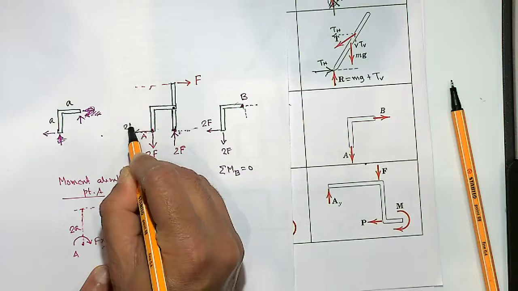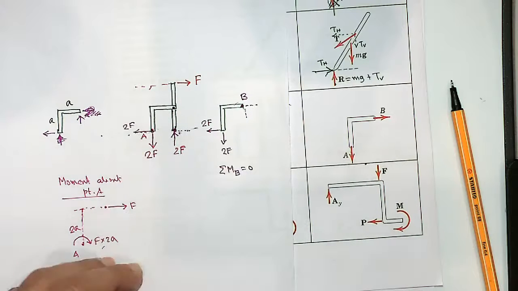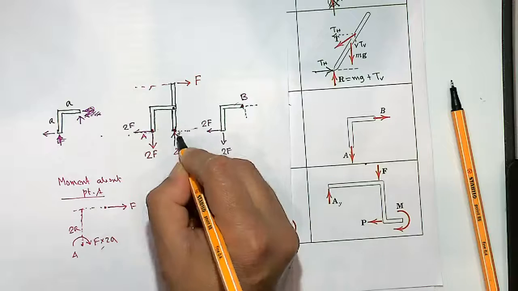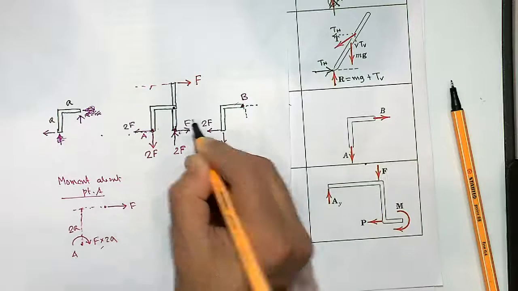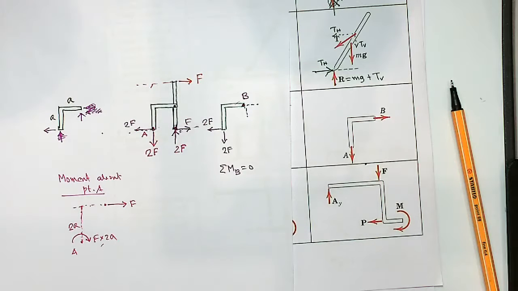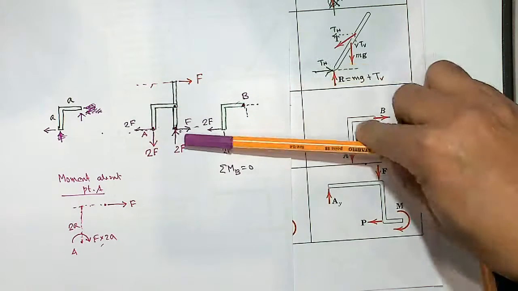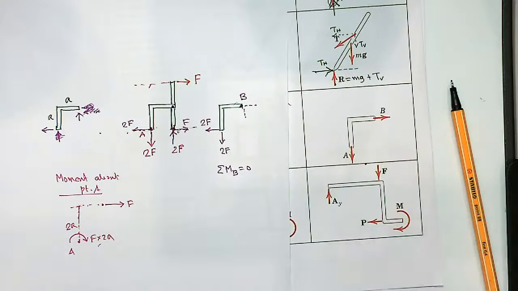This is 2F. What do you think this force would be then in this case? F in this case. Now you couldn't have predicted this would be the F. You are pulling it in this direction, that would be F in this case, unless you walked backward and forward in this way.